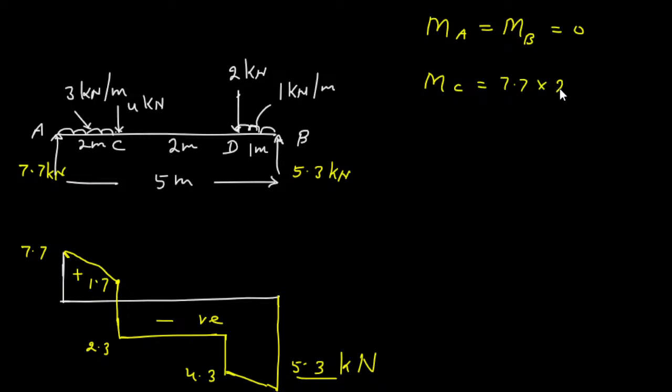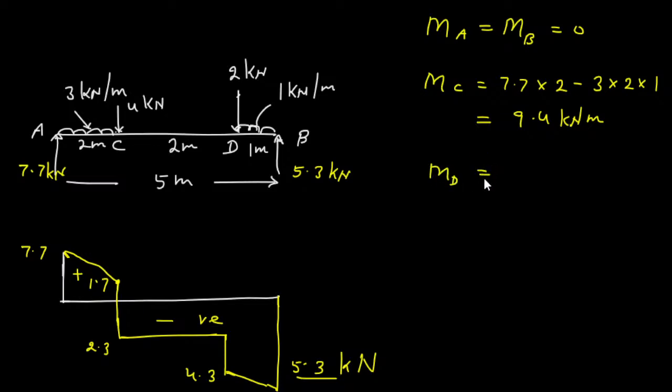So it is 7.7 times 2 minus 3 times 2 times, at what distance is this UDL acting? At 1 meter from point C, so times 1. Okay, sagging is positive, hogging is negative, so moment at point C we will get 7.7 times 2 minus 3 times 2, so 9.4 kilonewton meter moment at C.